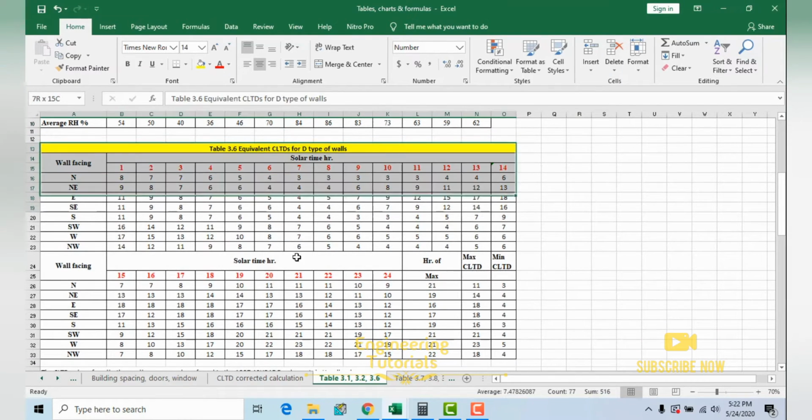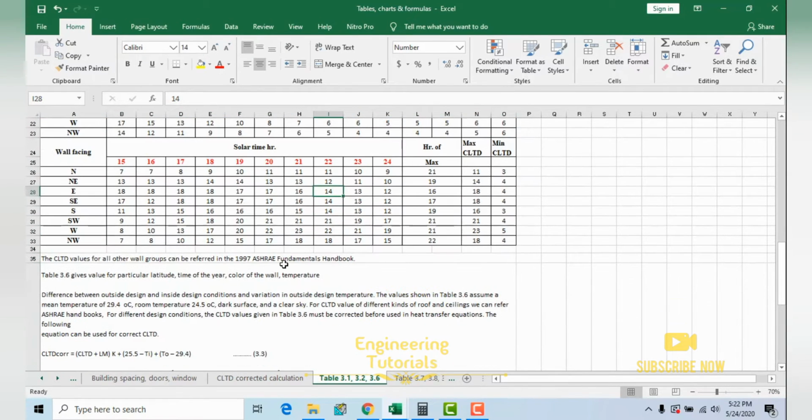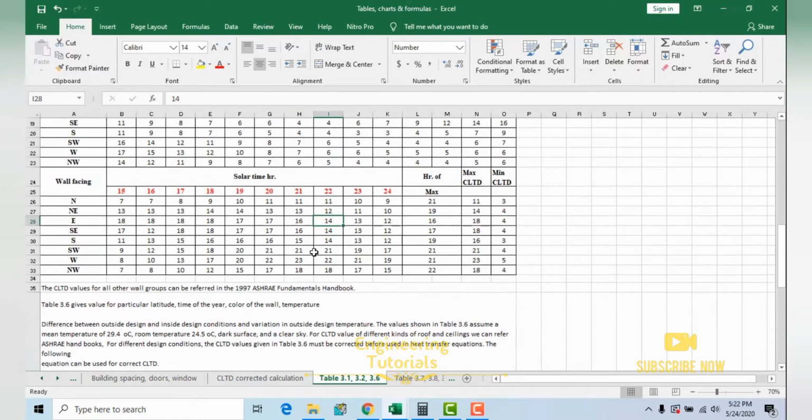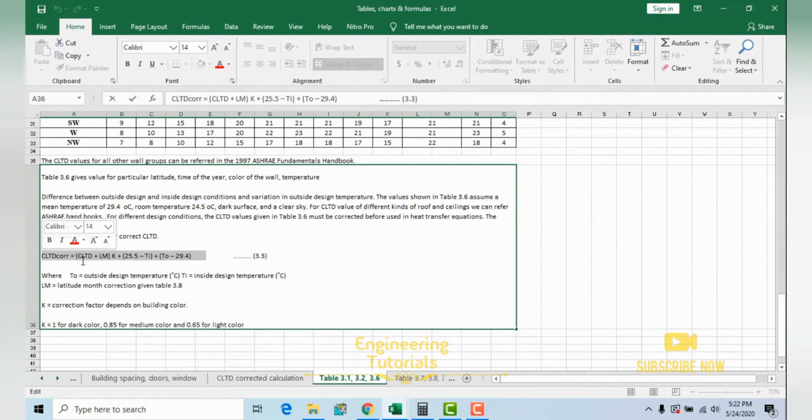And these are the CLTD values for different types of the walls, but these are uncorrected CLTDs. For corrected CLTD you need to use this formula, that is corrected CLTD is equal to CLTD plus LM into K plus (25.5 minus TI) plus (T0 minus 29.4).